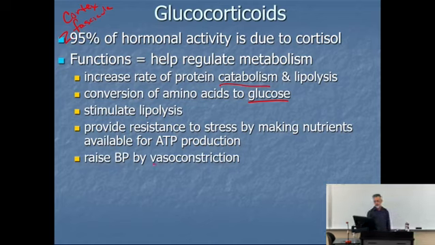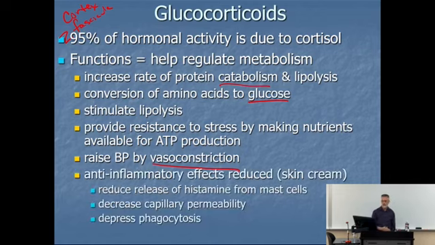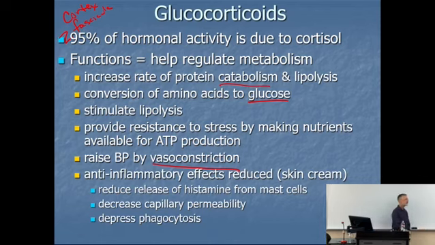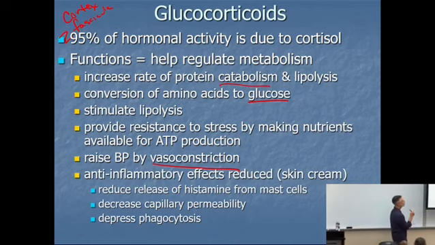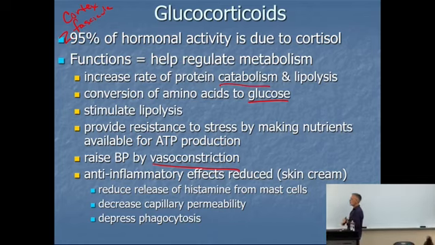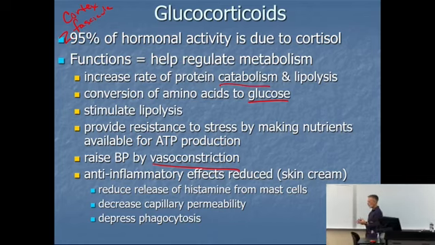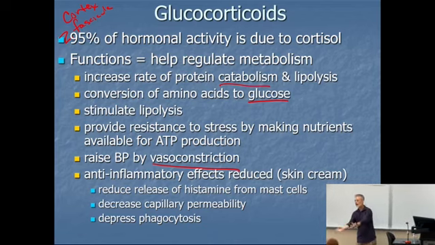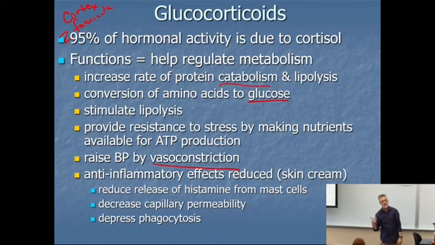It also works as a vasoconstrictor, right? When you're stressed, your blood pressure is going up as well. Now here's the weird thing about our cortisol. When you have some sort of inflammation, what's happening there? Your blood vessels are dilating, you're getting more blood flow to that area because there's damage, there's infection or something like that, right?